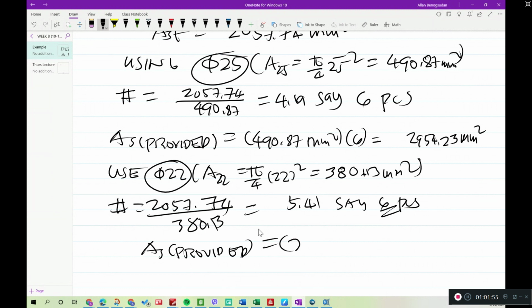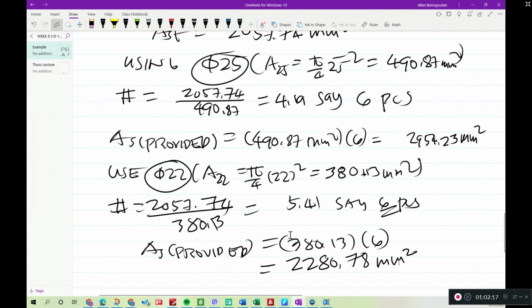Write it, sir. 380.13 multiplied by 6 is 2,280.78 mm squared.